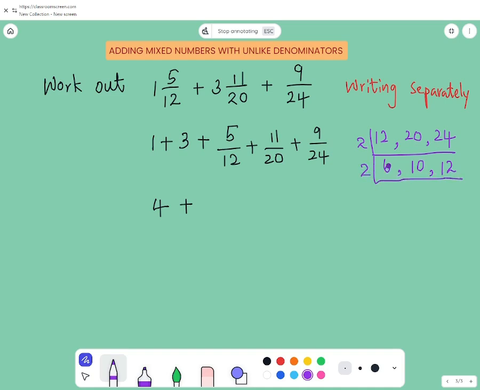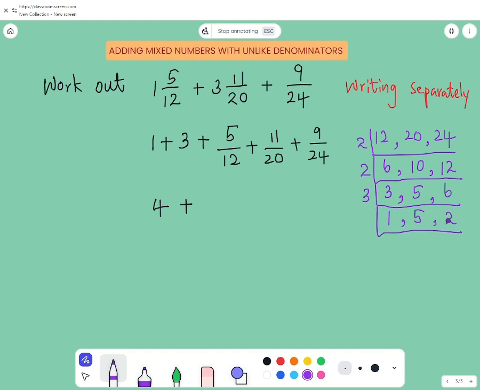Again divide by 2. 6 divided by 2, that is 3. 10 divided by 2, that is 5. 12 divided by 2, that is 6. Then you can see 3 here, divided by 3. 3 divided by 3, that is 1. 5 can't. 6 divided by 3, that is 2.